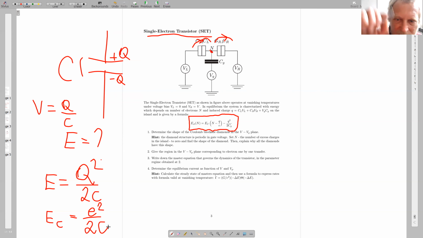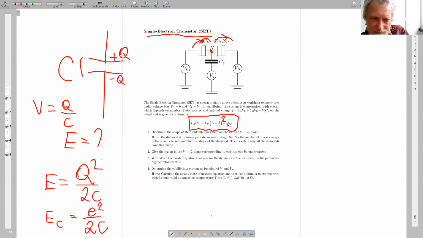Then, if one recalls this, one understands that there is a little typo in this formula. Electrostatic energy has to be quadratic in charge.